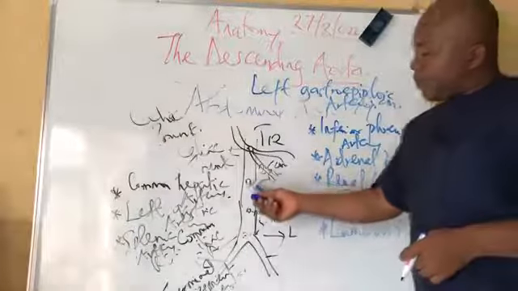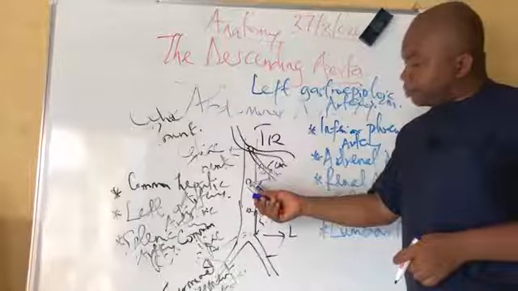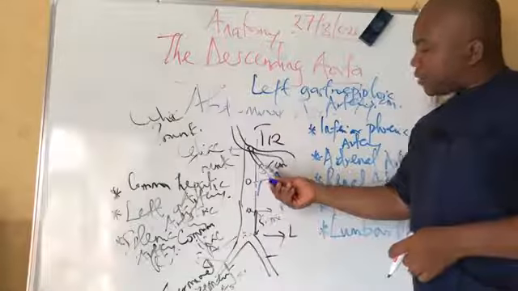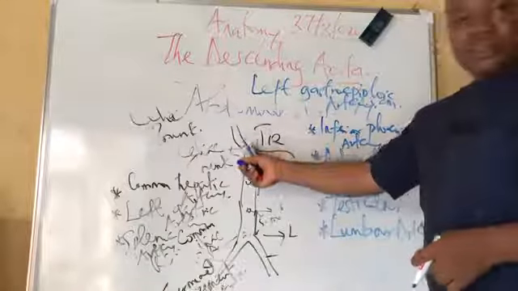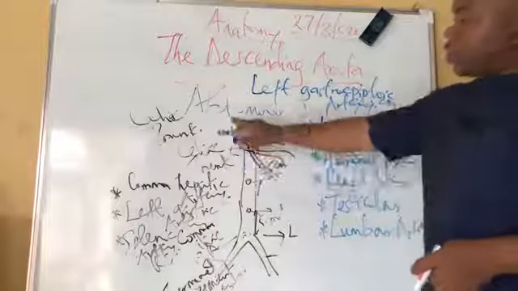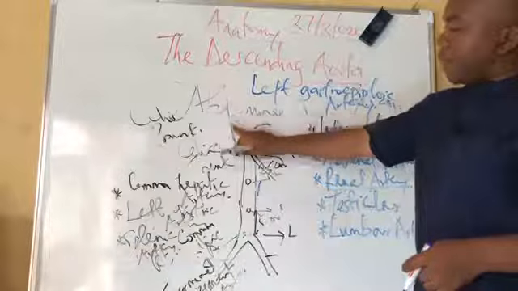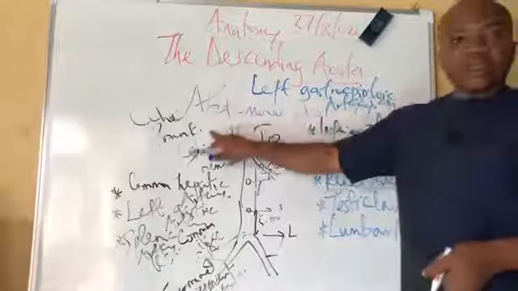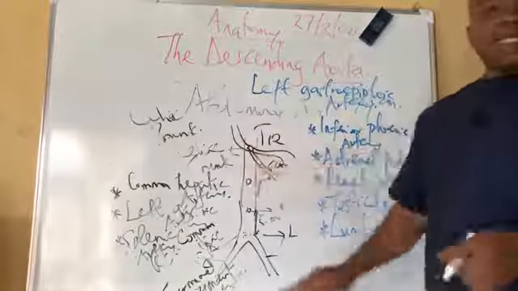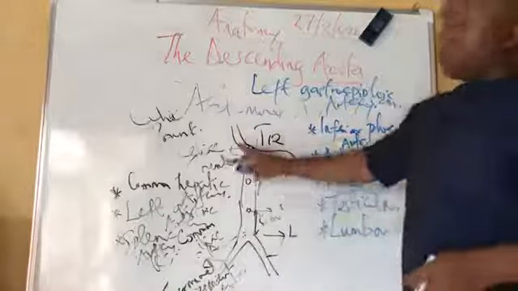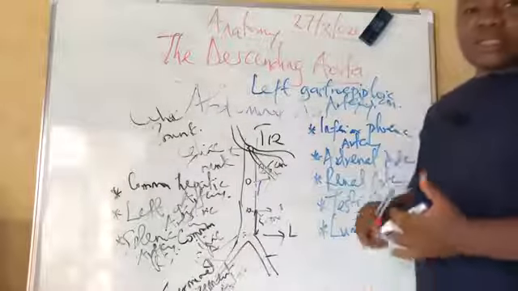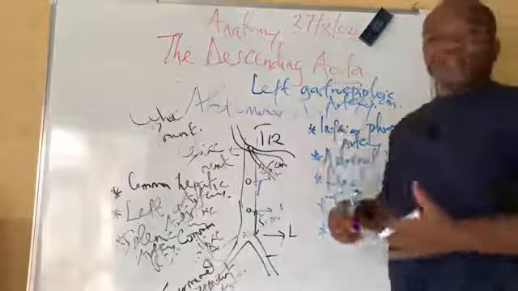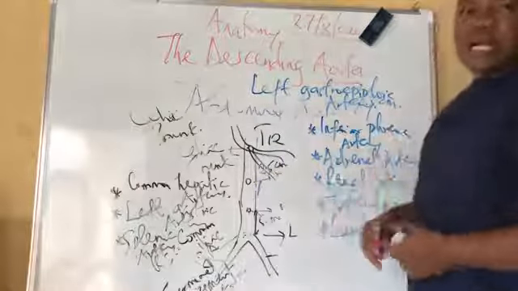So, the hepatic artery, one goes to the liver proper, the other one goes to the gallbladder. There is a branch that is called the gastroduodenal artery. The gastroduodenal artery will further divide into what is called the right gastric artery.